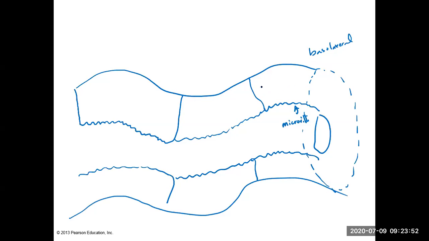These cells are unique. These cells contain a lot of mitochondria. I'm just showing you one cell, but they're literally in all these cells. So lots of mitochondria.